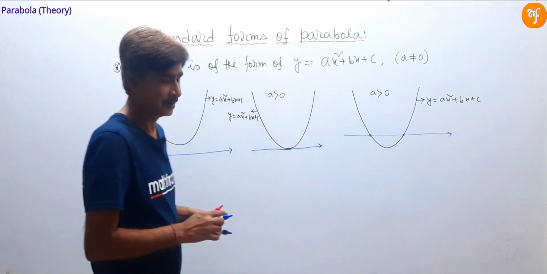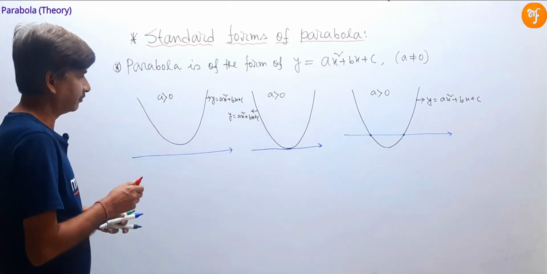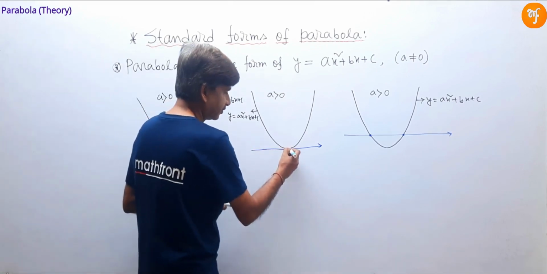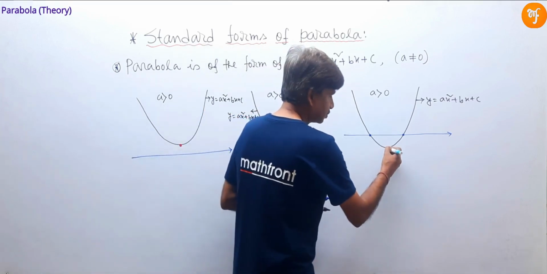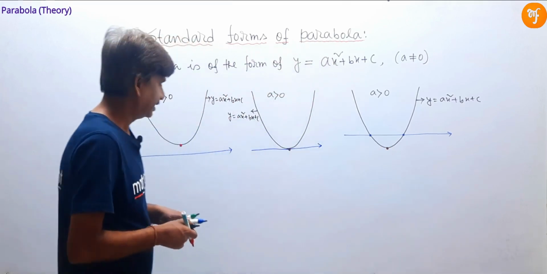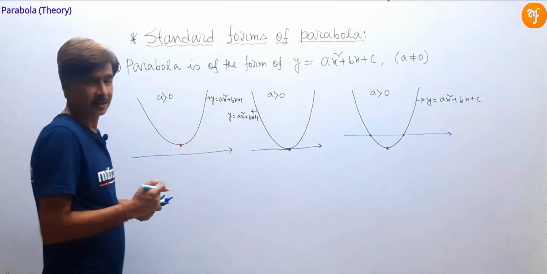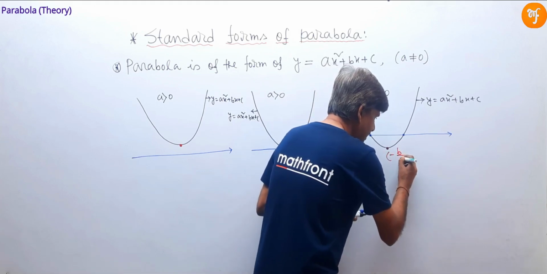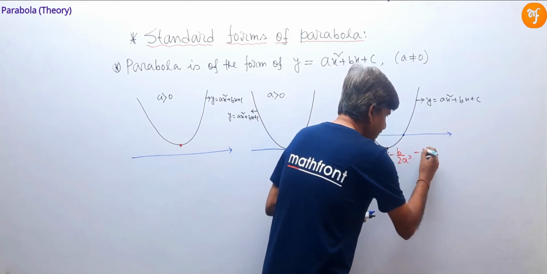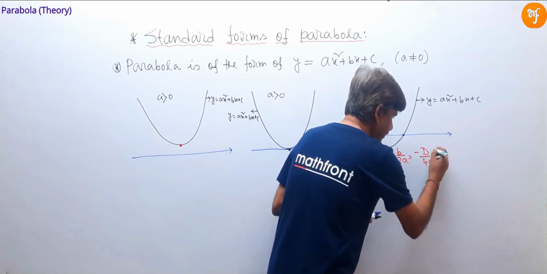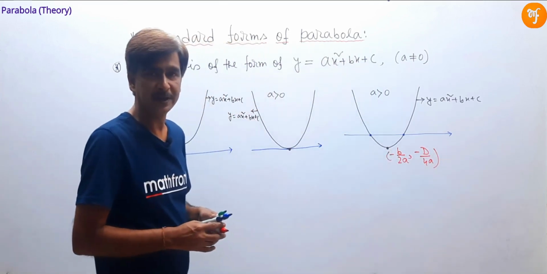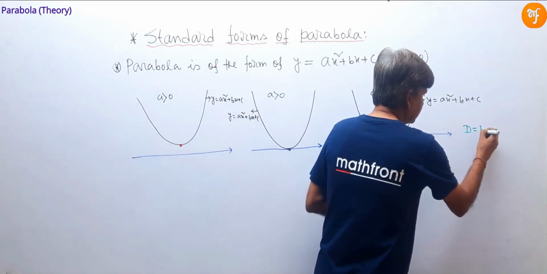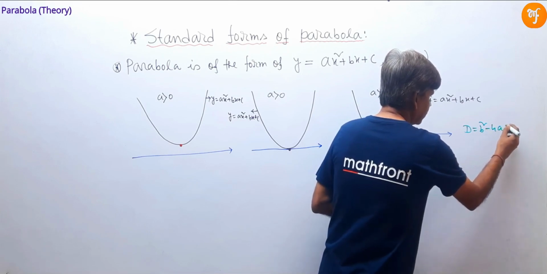Okay, clear? Now look at the vertices. So this is the vertex. In this case, this will be the vertex. In this case, this will be the vertex. Okay? In each of these three cases, the coordinate of the vertex of the parabola will be minus b by 2a comma minus D by 4a, where the value of D is equal to b square minus 4ac.